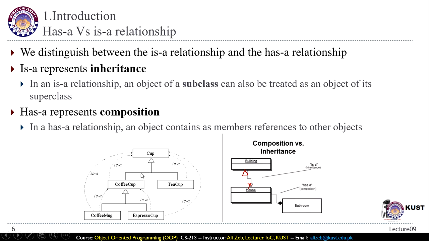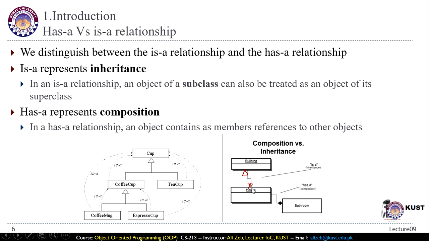So these are special kinds of cup. A coffee cup is a special kind of cup. A teacup is a special kind of cup, and a coffee mug again is a special kind of cup, that is a coffee cup, but is a special kind of coffee cup. So we are going towards specialization from generalization when we go downwards in the hierarchy.